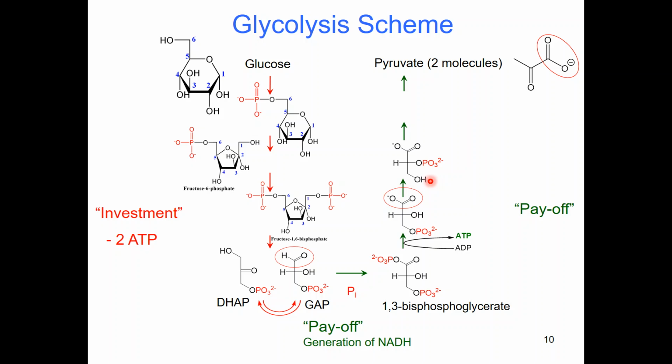Now we can easily remove this oxygen atom, which is absent in the product, through dehydration. We remove this OH group together with this proton to form a double bond between those two carbons, right? So we remove water. This process is catalyzed by enolase, and we will form phosphoenolpyruvate.